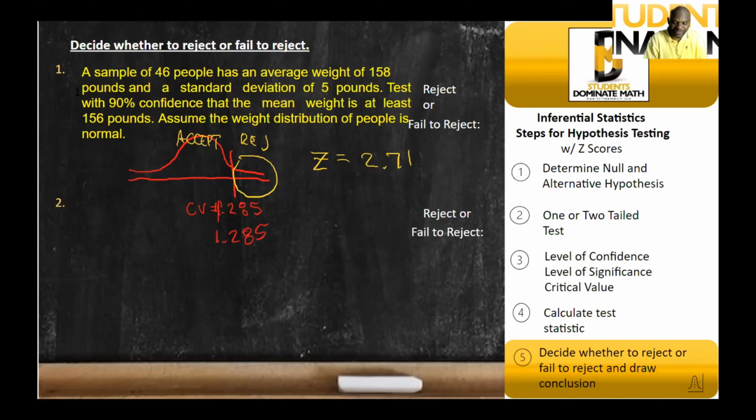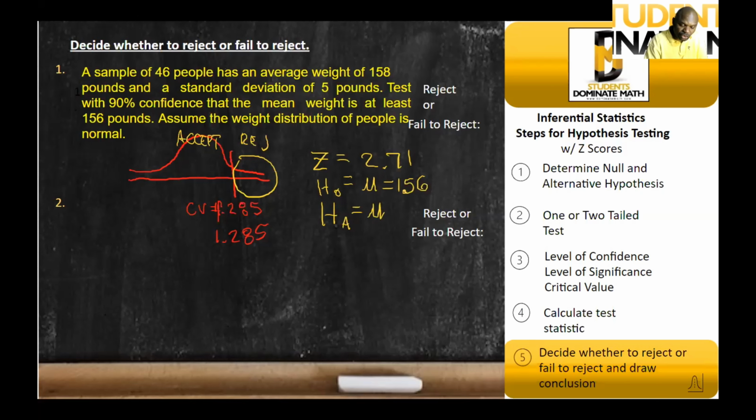our null hypothesis. Our initial null hypothesis, if you recall, was that mu would be equal to 156. All right, so we would reject that null hypothesis and come to the conclusion that our alternative hypothesis would be what we would accept.